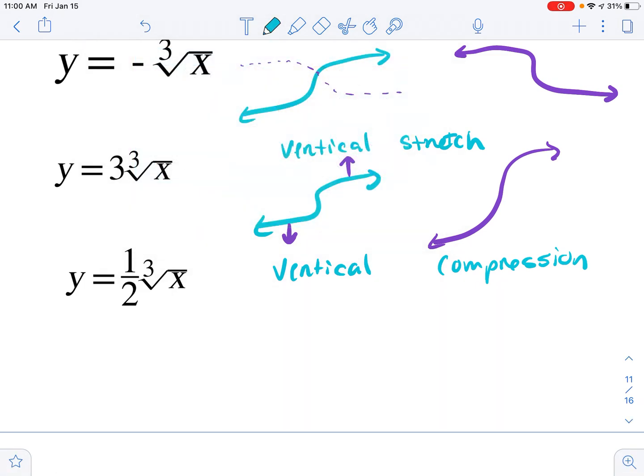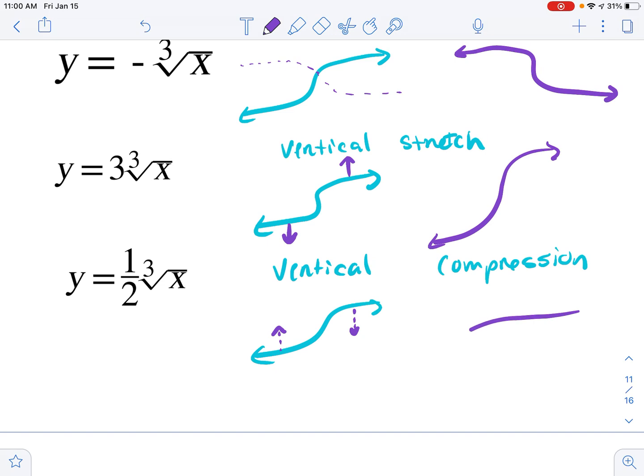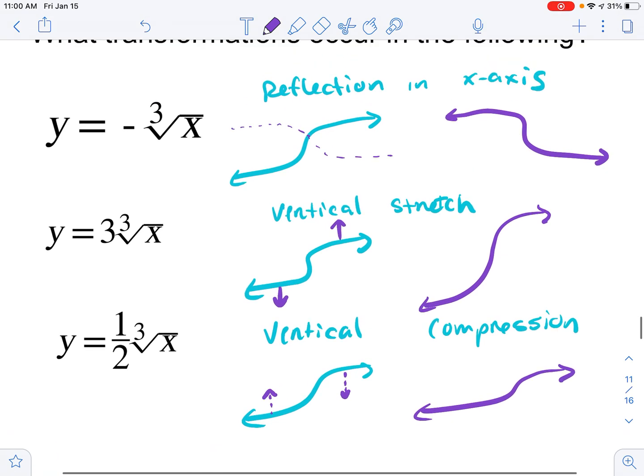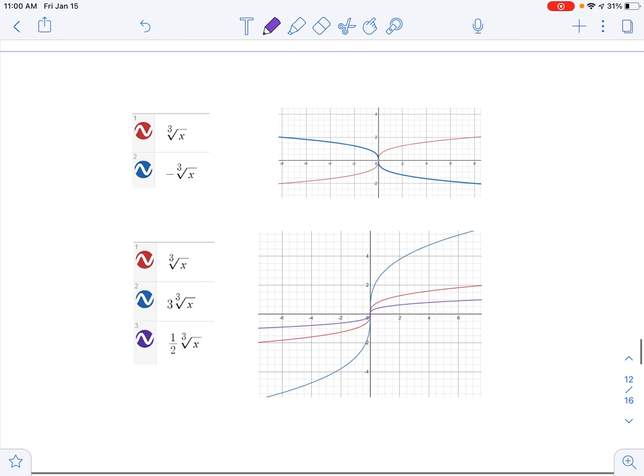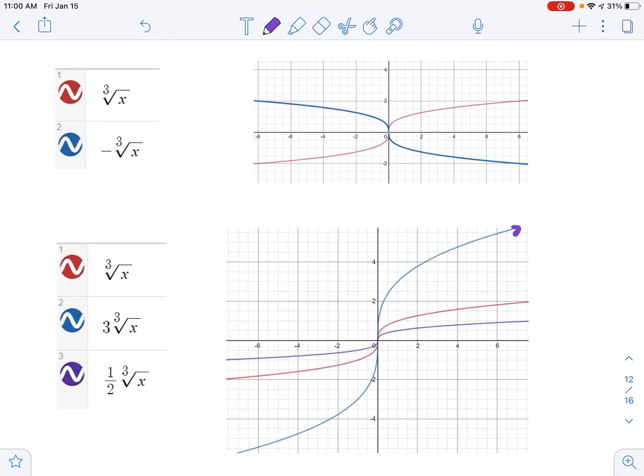So if we have our original, it's going to be like these are being smushed together. Okay, so it's going to look something like that. Well, that's a terrible one. Let's try that again. It has to have the same shape, but look like it's compressed. Okay. So if you take a look at all the graphs, I have done them, right? Here's our stretch, here's our compression, and here's our reflection. So it does follow those patterns.